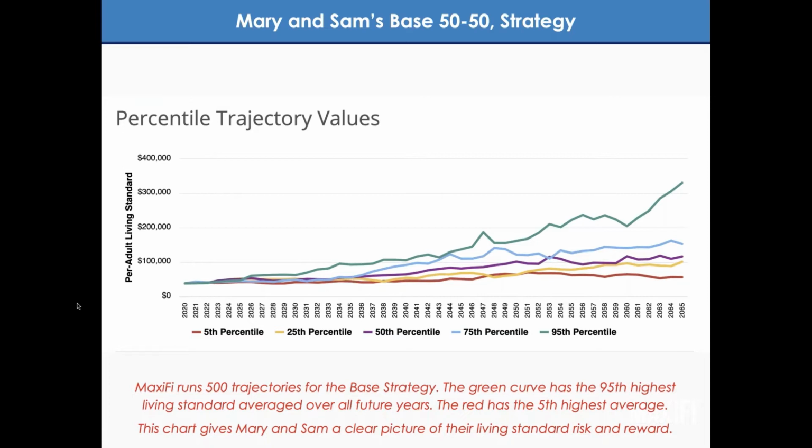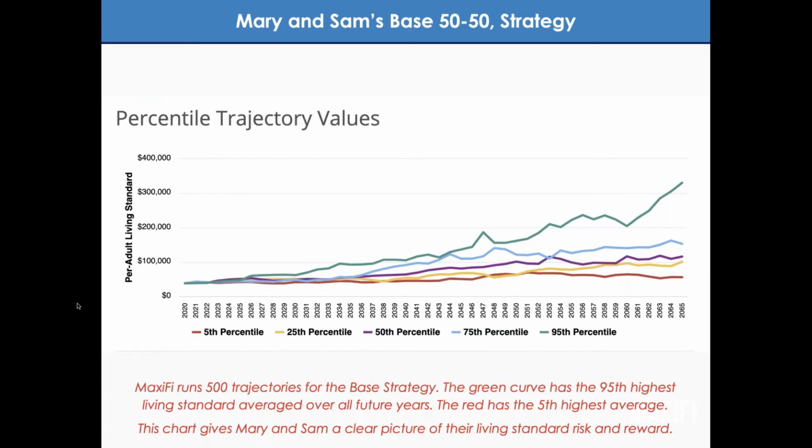Anyway, we're not showing you all 500 of these trajectories right here because that would be a little bit overkill, but we are summarizing, and you can see that there's upside risk. The green curve is a great outcome, but there's also downside risk. You could be on the red trajectory.